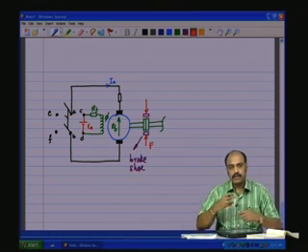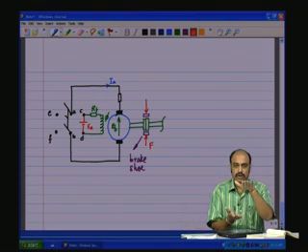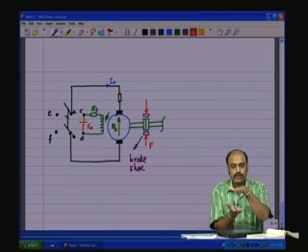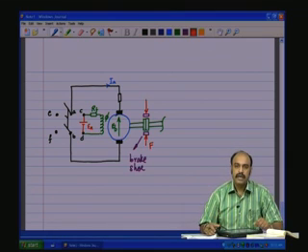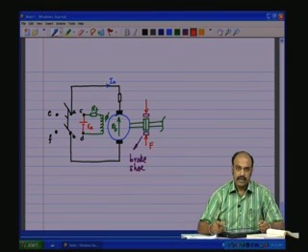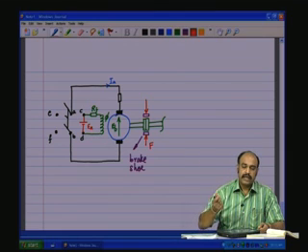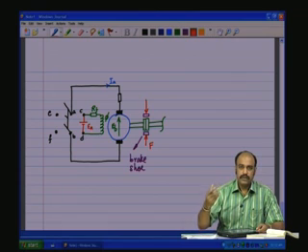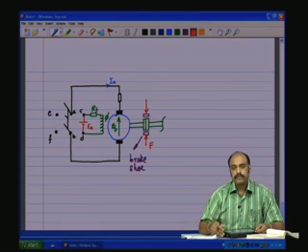So, which means the mechanical shaft is rotating and you are going to apply force onto the brake shoe, and the brake shoe is going to hold on to the shaft, and then due to the friction between the brake shoe and the rotating shaft, the mechanical system is going to come to a halt, which means the mechanical energy which is stored in the inertia is going to get dissipated as heat in the friction.